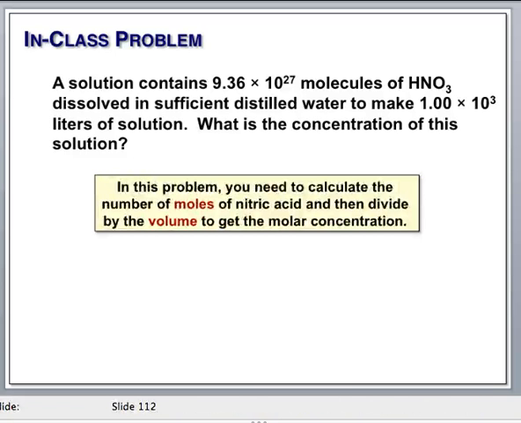Number of moles of nitric acid, that's going to be from Avogadro. So our given number of molecules divided by Avogadro's number, then we want to take that and divide it by 1,000 liters of solution.